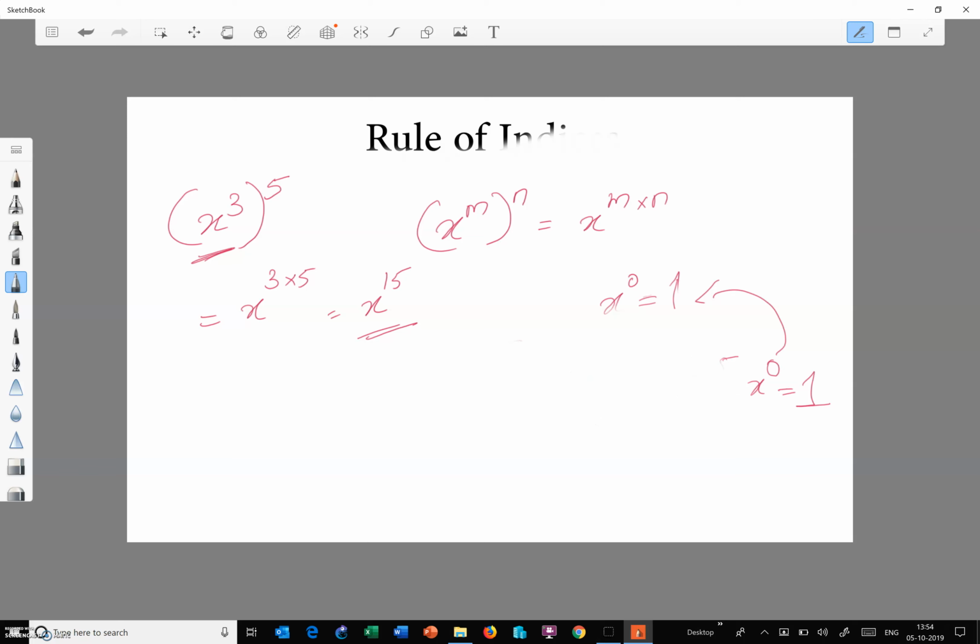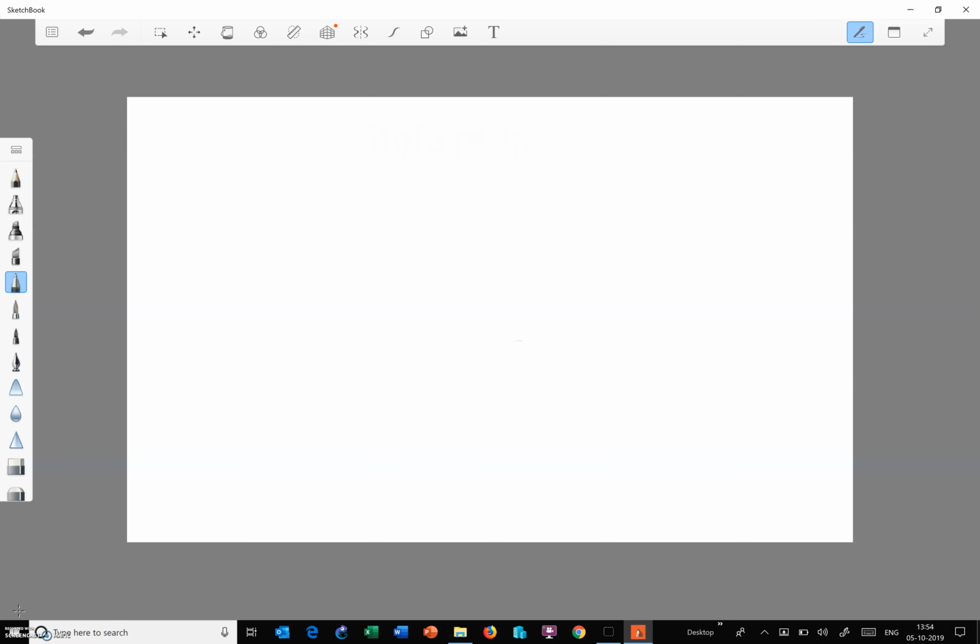So to recap the rules that we have just studied. Rule number 1: x to the power m times x to the power n equals x to the power m plus n. Second rule: x to the power m over x to the power n is equal to x to the power m minus n.